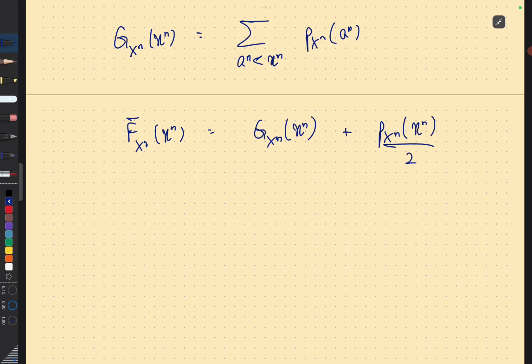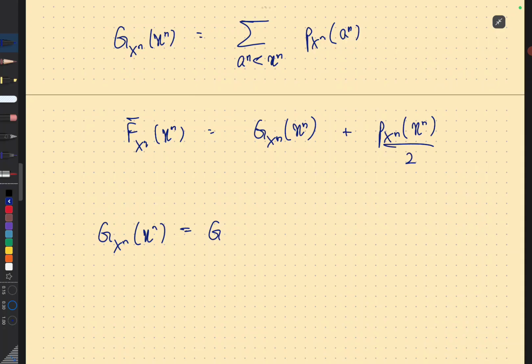Now it turns out that there's a simple recursive way of computing g of x^n. And the basic idea is the following. First let me write down the recursive formula. I need to express g of x^n in terms of g of x^{n-1}.